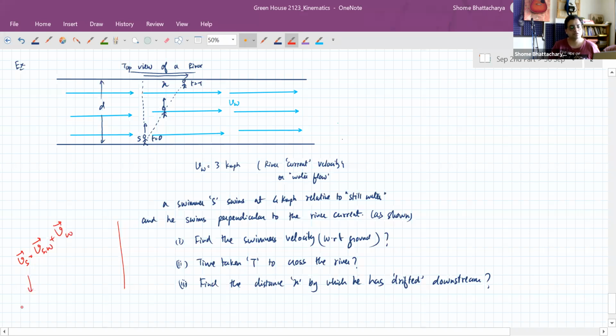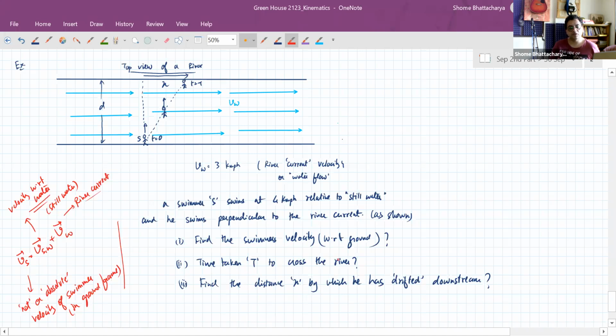So this is the net or absolute velocity of the swimmer in the ground frame, whereas this is the velocity with respect to water, the velocity in still water, and this is the river current velocity.